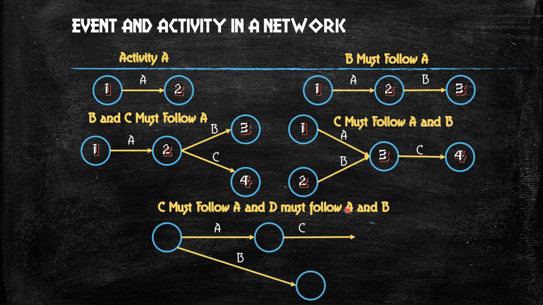Now C is following A, whereas D is following A and B. Now we have to draw a dummy here. D is following A and B, right? This is the connection between the events and activities.